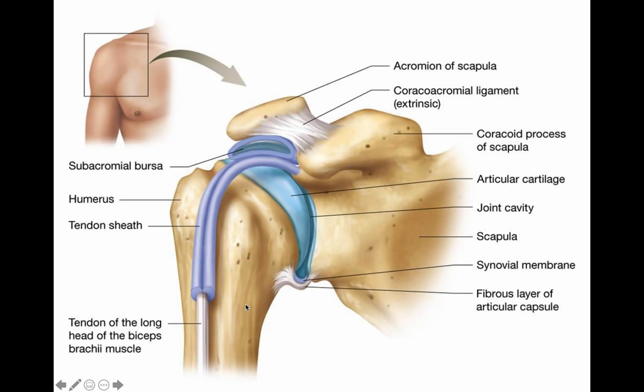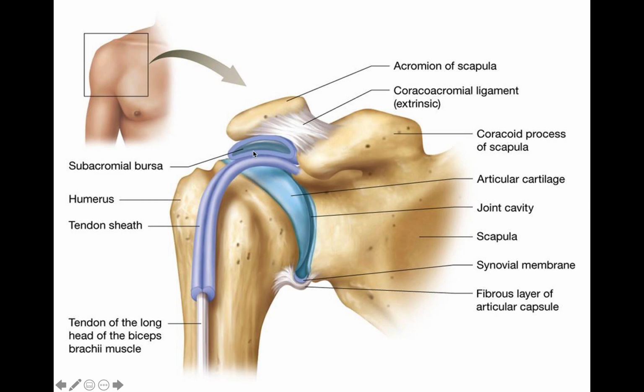Here, this is your shoulder joint. So this would be the glenohumeral joint between the glenoid cavity of the scapula and the head of the humerus. Here you see the subacromial bursa. This is where learning the anatomy of the bones comes into play. Acromial, you should think the acromion process of the scapula.